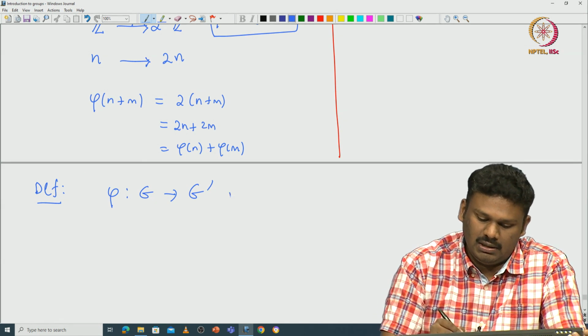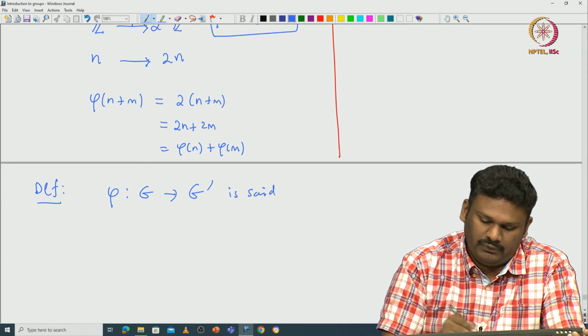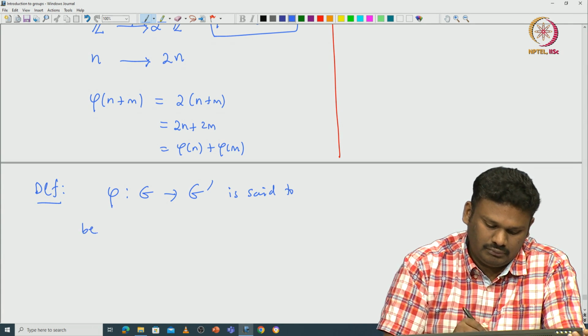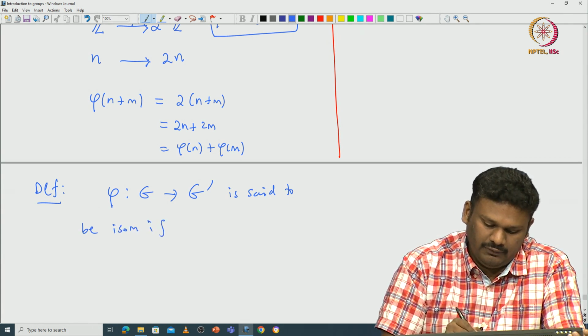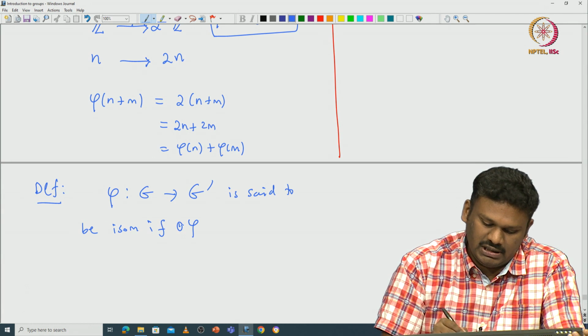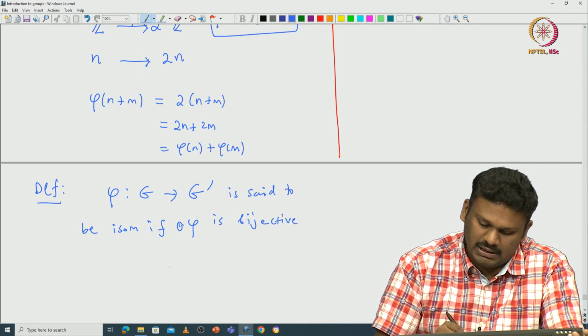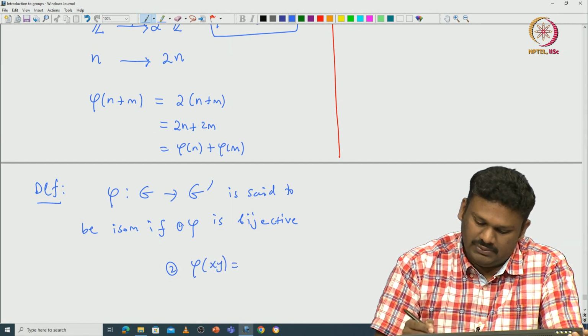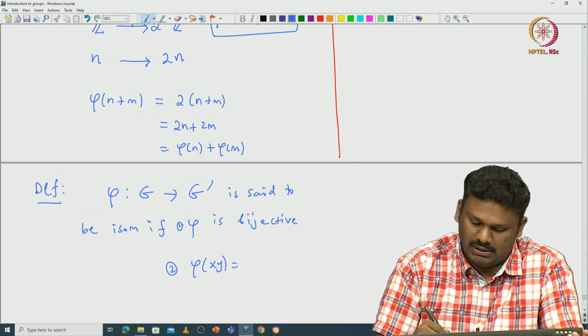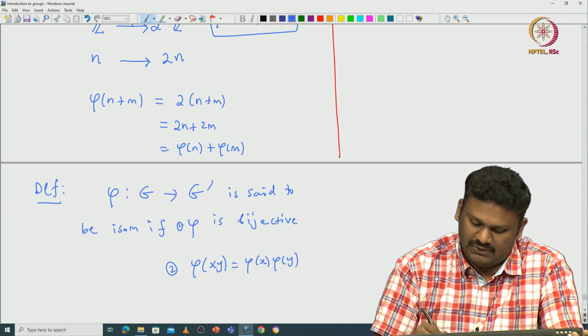And this phi is said to be an isomorphism if the first condition is phi is bijective and the second condition is phi preserves the group law: phi of xy is the same as phi of x phi of y for all x, y in G.